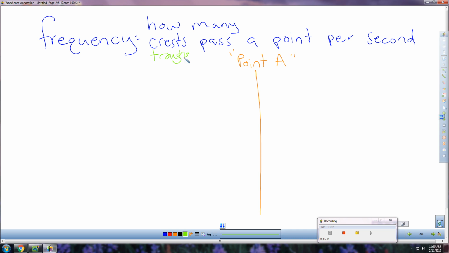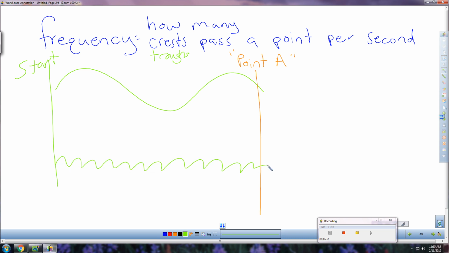Sometimes you have a big lazy wave where you don't have a lot of crests passing, so it's not a very frequent wave. Or you could have a wave where you have a ton of crests and now you have high frequency. What do you notice about the wavelengths and frequency?